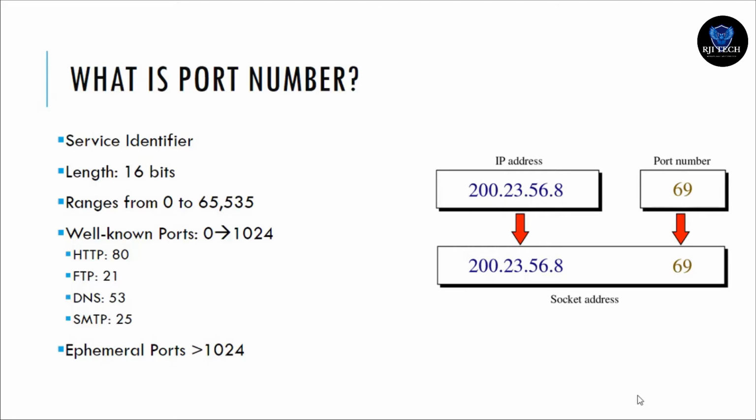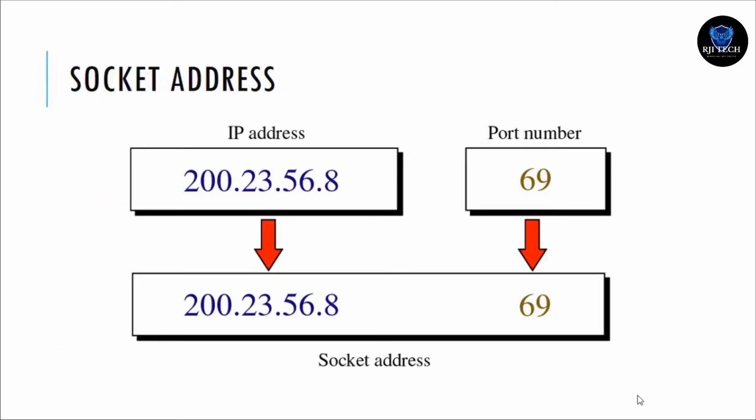Ephemeral ports are not the well-known ports, not associated to very well-known services, but can be used for the communication from the client side to the server side, while the well-known ports are dedicated on the server side for each of the services such as HTTP, FTP, DNS, or SMTP.